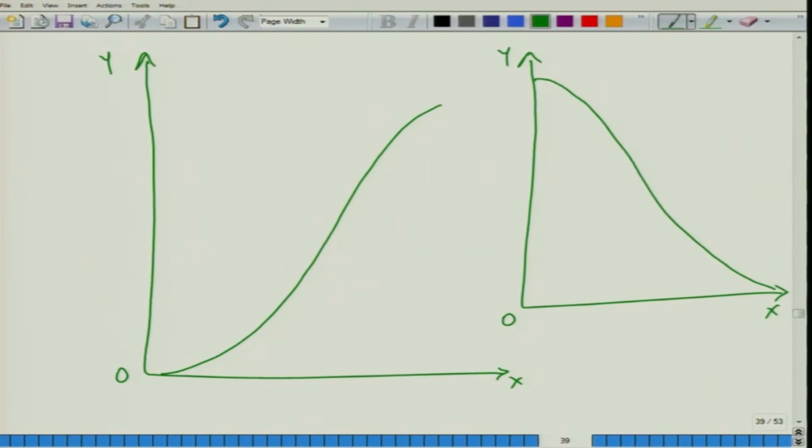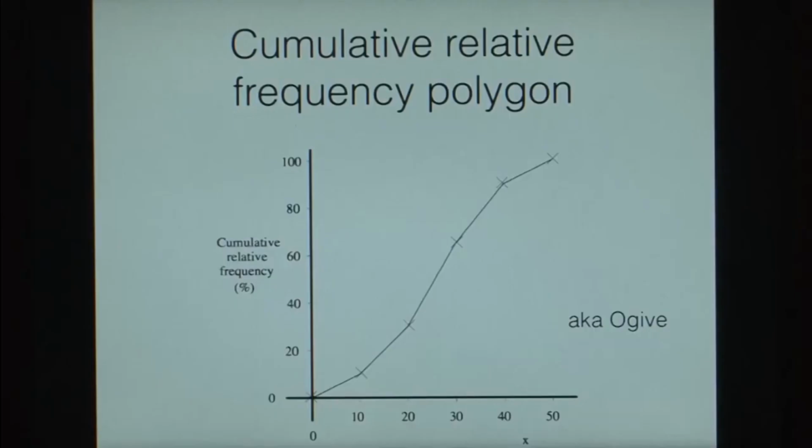If we look at the chart on the screen, at the x value of 40, we will get a y value of somewhere around 90. This means that 90% of all the values are less than 40 and only 10% values are greater than 40. So, this represents a cumulative distribution.